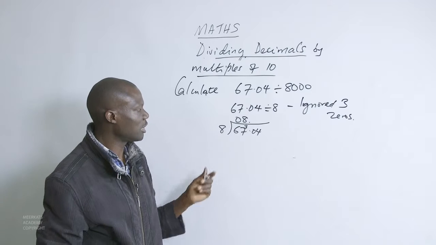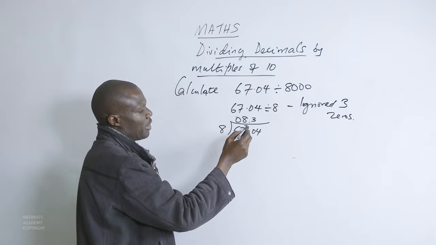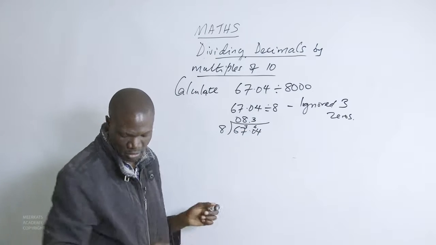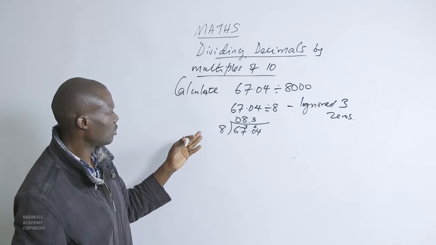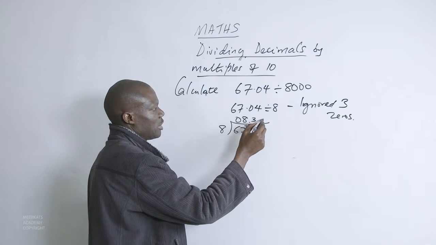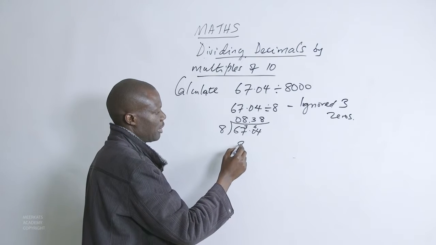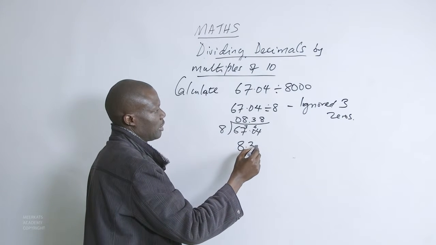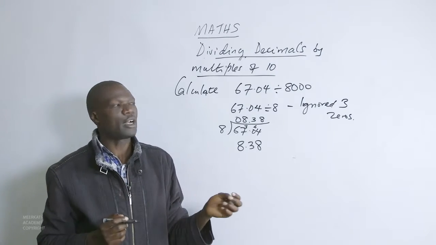Then we have 30 into 8. We have 3 because of 24. We remain with 6. And finally, 64 into 8 gives us 8. So we are having 8.38.